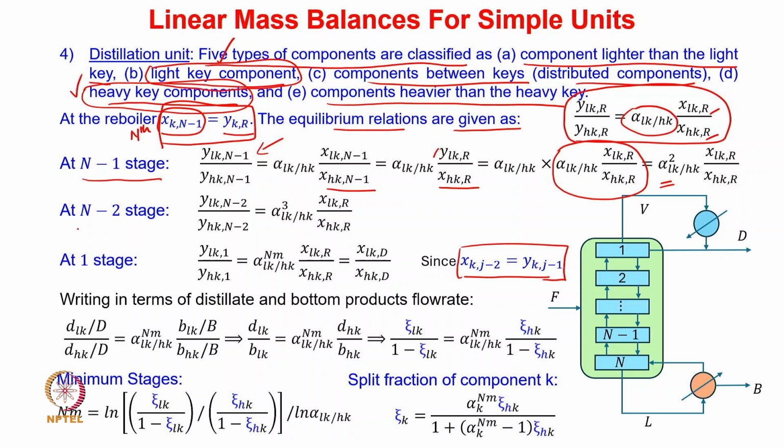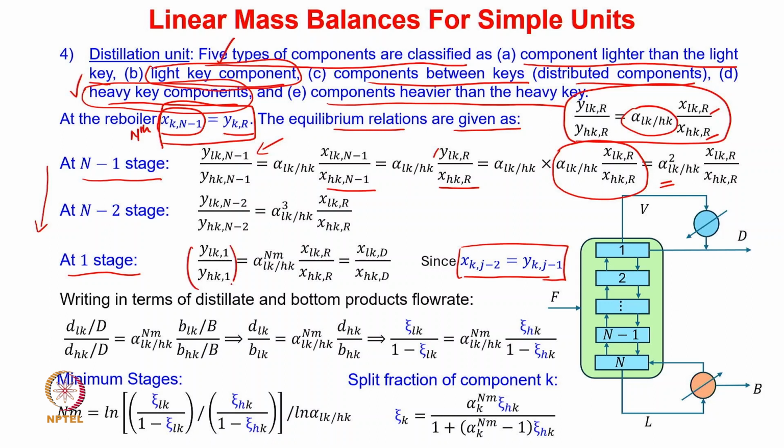So if we continue the induction till the stage 1, what we get is ylk1 divided by yhk1. This is nothing but the ratio of the mole fraction of light key component in vapor phase in the stage 1 divided by mole fraction of heavy key component in the vapor phase in the stage 1.